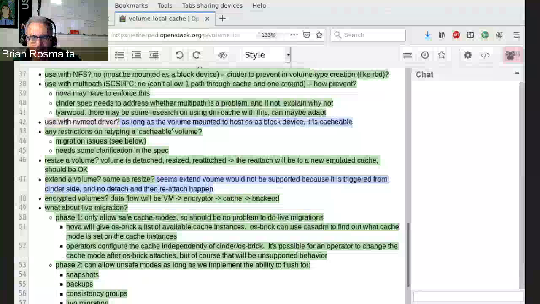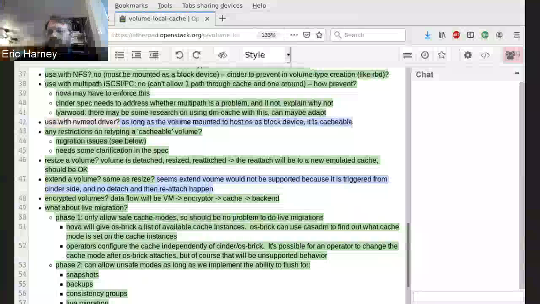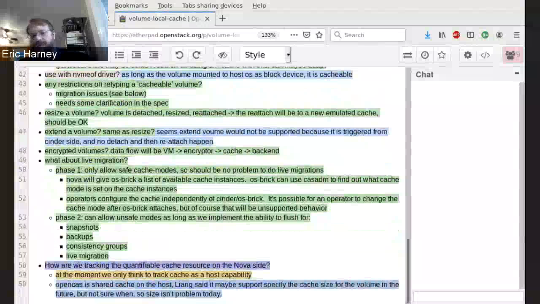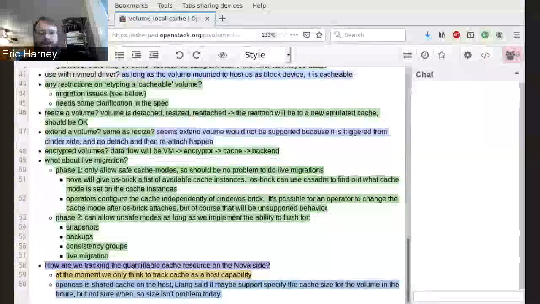Okay, and then one thing that might be relevant there is this whole scheme is kind of designed with the assumption that a deployment is only going to use the OpenCAS driver or not cache things. Right.